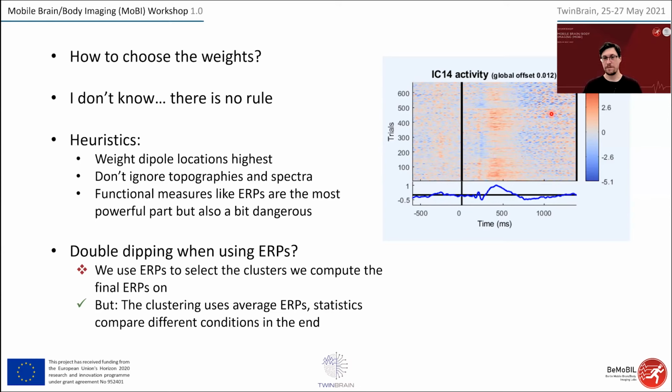Probably, we would have to see in the events to make sure, but assuming that the conditions are that clearly separable, the average ERP won't be informative. So it probably won't inflate our statistics. Still, it is a dangerous path that you are treading. When you're doing that, you need to be aware of it, and you should not weigh it too highly.